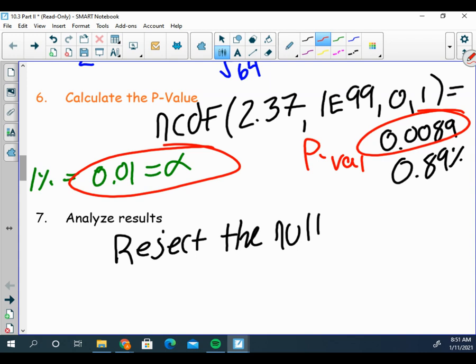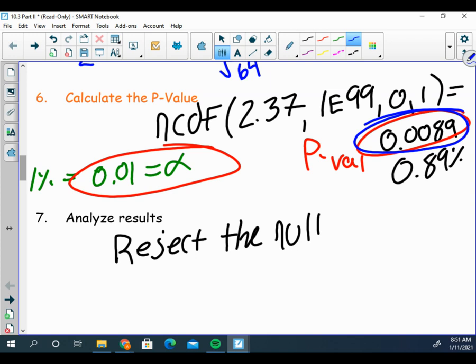Now again, if you're sitting there going, Mr. Carter, we just learned a whole process for doing this. Why are we doing it this way now? Because the beauty of this number is that I could not only compare it to 1%, but if you said 5% level of significance, I'm still rejecting the null. 2%, still rejecting the null. 0.9%, still rejecting the null.